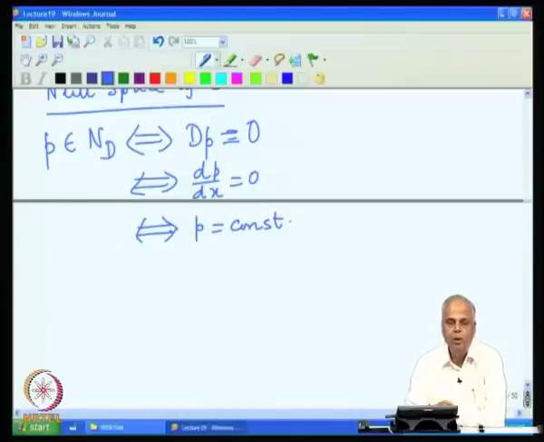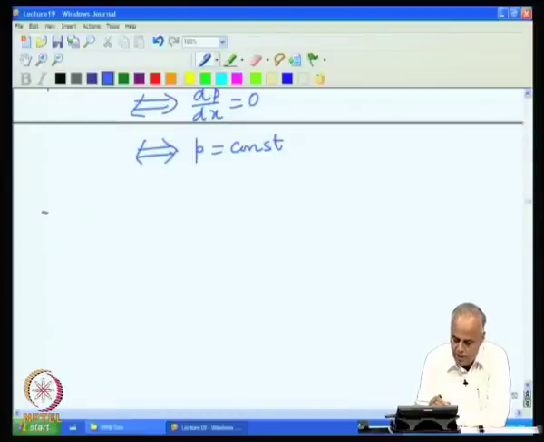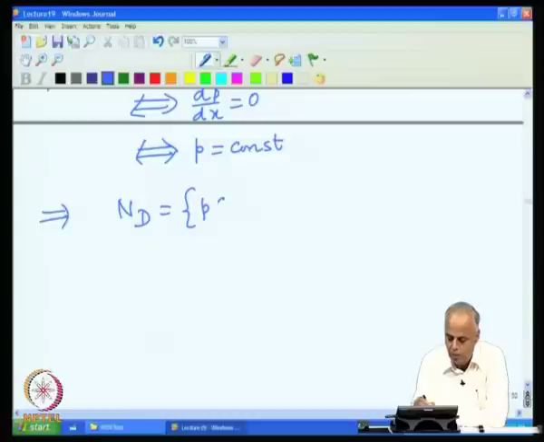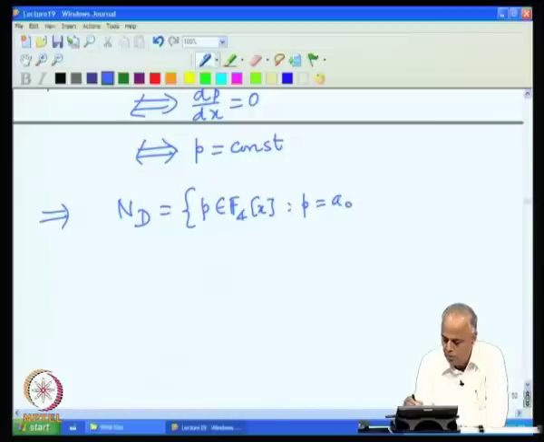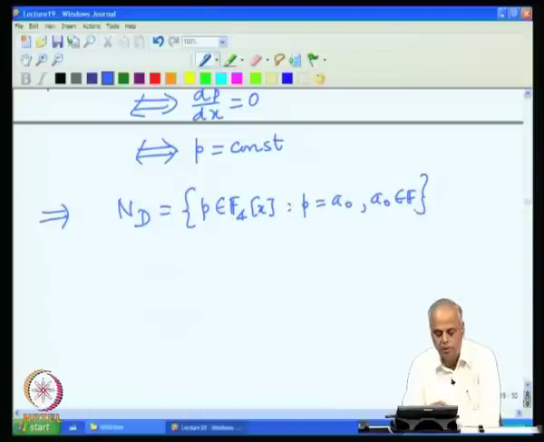So, therefore, only the constant polynomials qualify to be in the null space of D. So, thus we get the null space of D is the set of all polynomials in the vector space which are of the form p equal to some constant a_0 belonging to F. So, they are all constant polynomials.